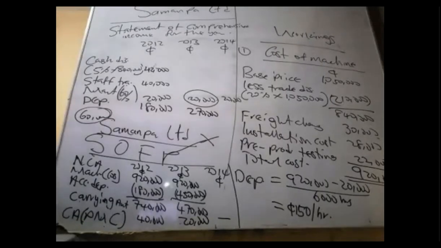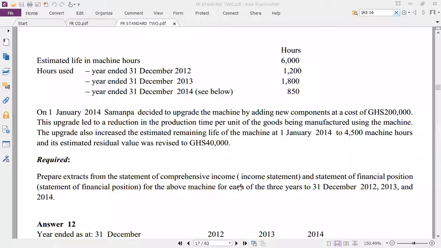Okay, let's attack the strongest one. Here they are saying that if we perform an upgrade, the upgrade leads to a reduction in the production time. That's great, so we can capitalize it. They also increase the remaining life to 4,500.